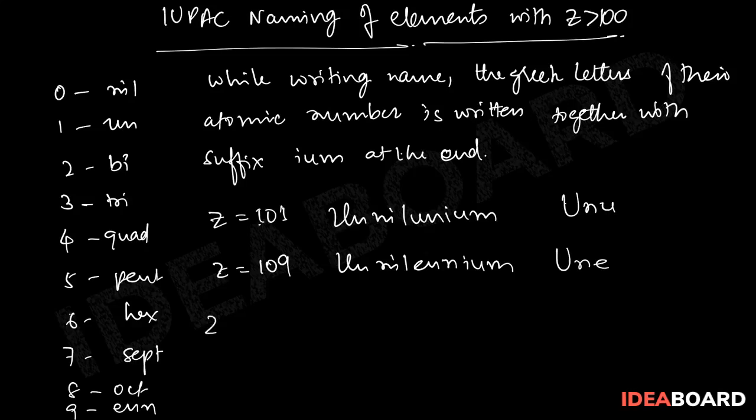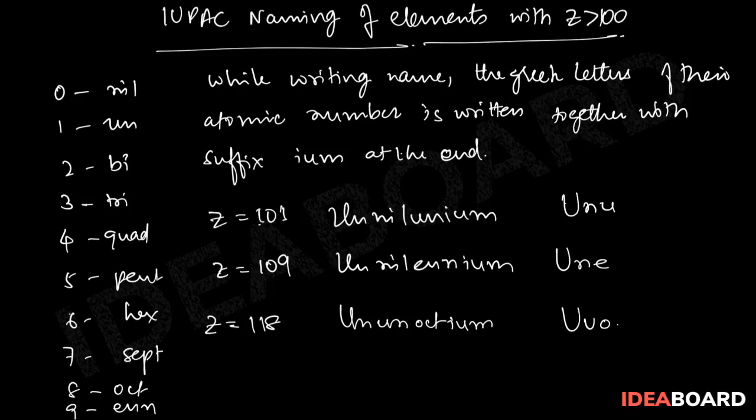Like this we can have Z equal to 118, un, oct, ium, so Unoctium. The symbol will be U, o. Like this we can name any element with its respective atomic number using these digits.